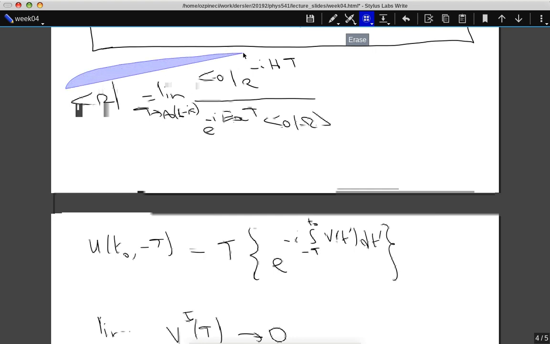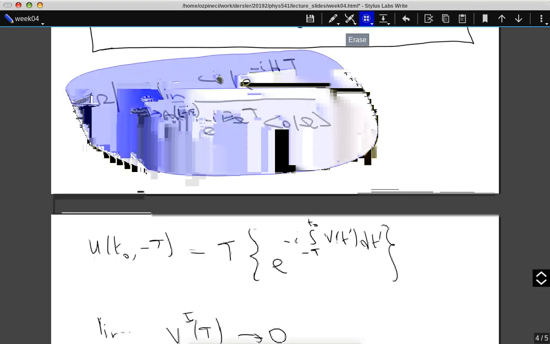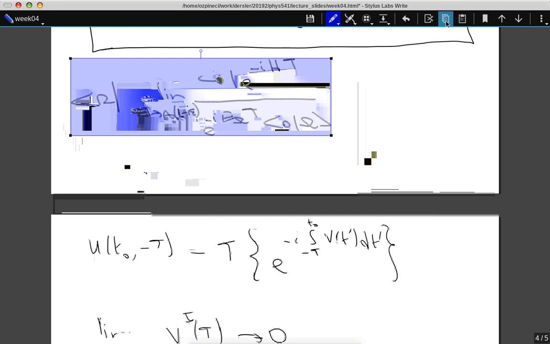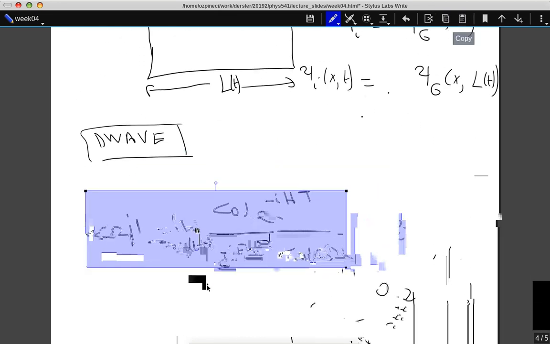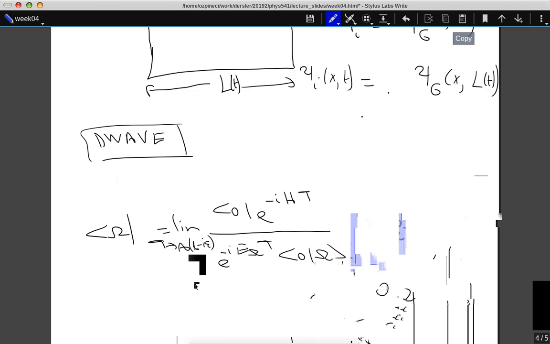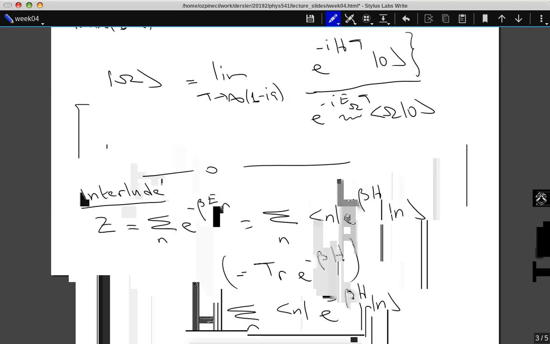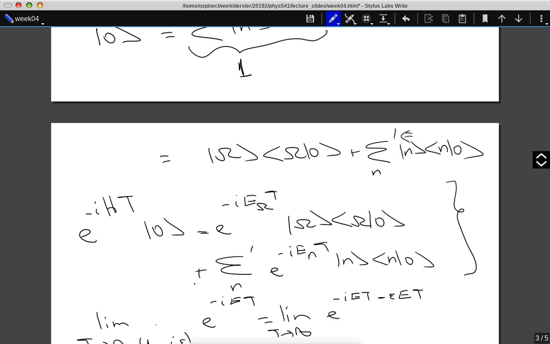Now we have this thing over here for the bra. The reason why I would like to calculate the bra separately is, let's go back, let's go over here. This is essentially what I would like to calculate. Now I wrote this ket as an evolved state.